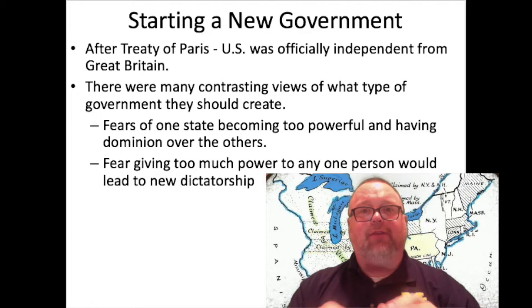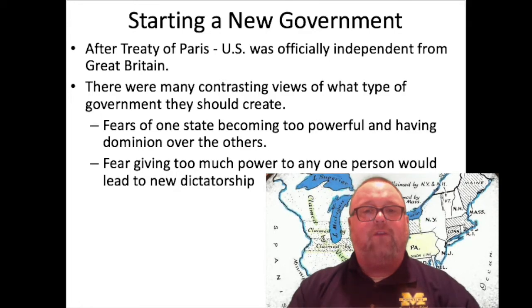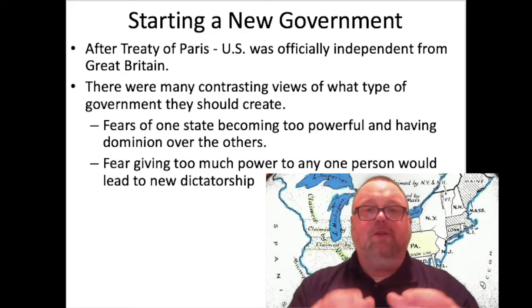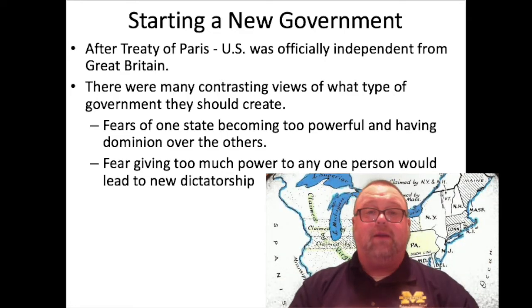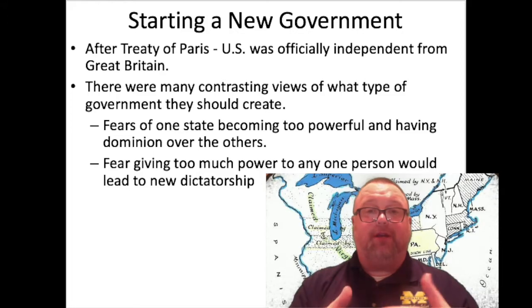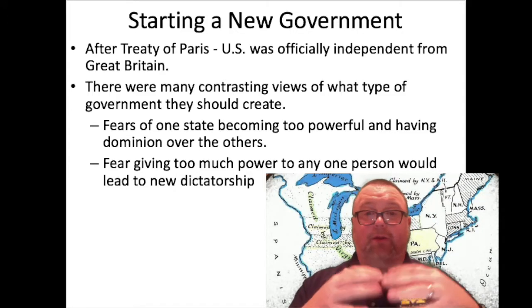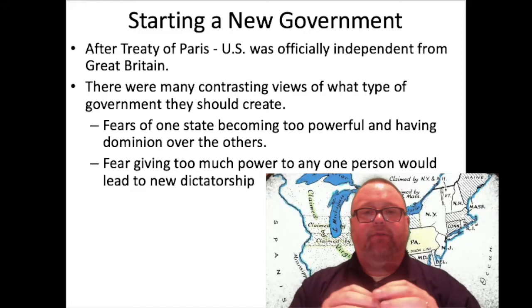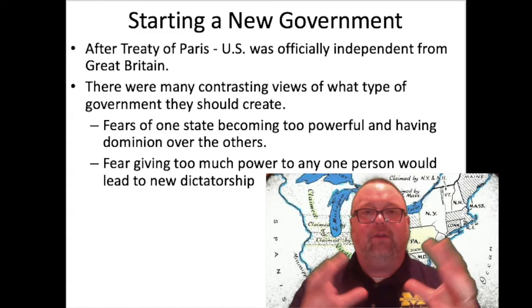So each of the individual states were fearful that a strong central government, a strong national government, would basically infringe on them. We just broke away from a strong government. We don't want a strong government again. So they were very worrisome of a strong, powerful government.